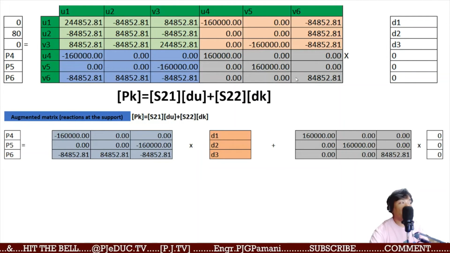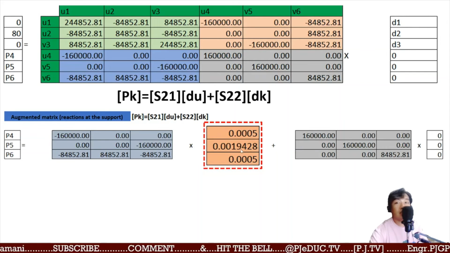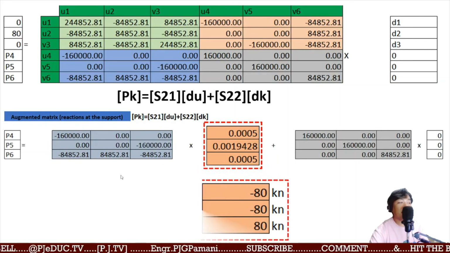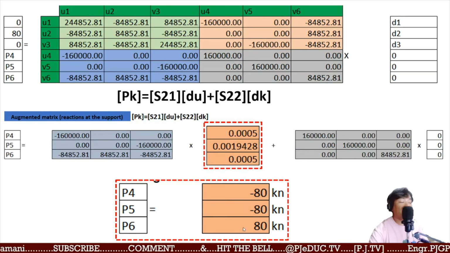Again, this times this immediately turns to 0. So you can simply substitute the deflection solved earlier, then multiply that matrix with this matrix, which gives us the reaction on each support, at P4, 5, and 6.